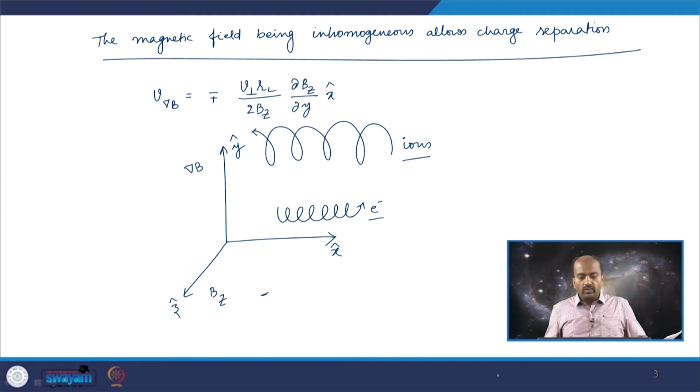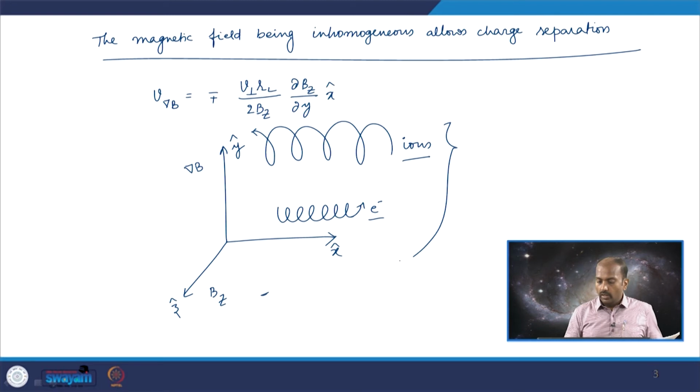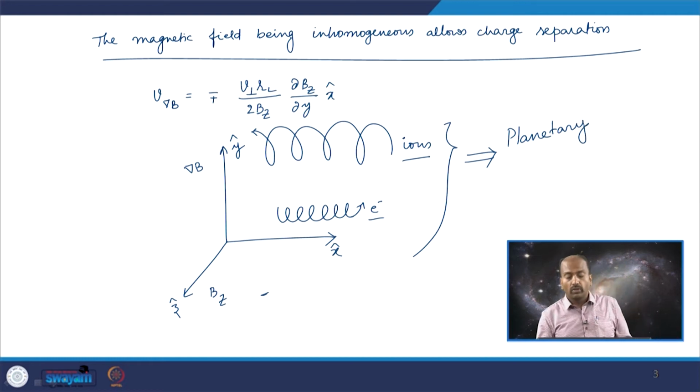Now the most important conclusion about the gradient drift velocity is that this separation of charges leads to something very important in magnetosphere or magnetospheric physics. It leads to something called the planetary ring current.